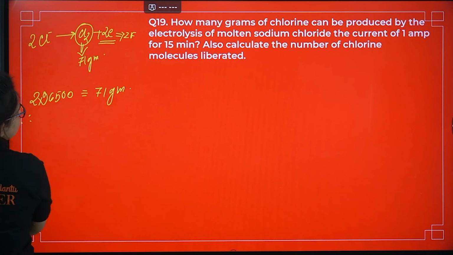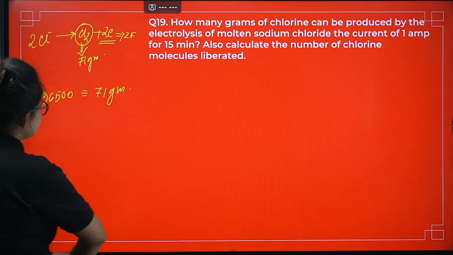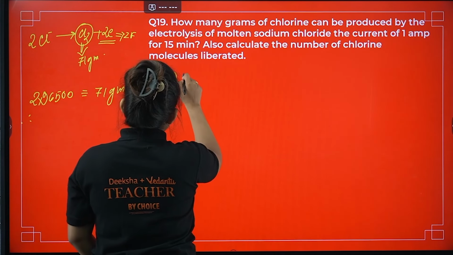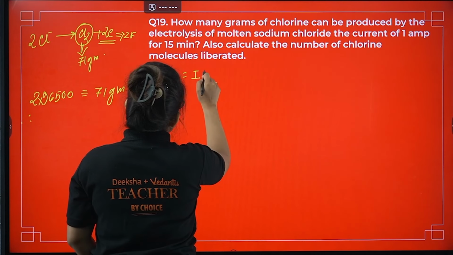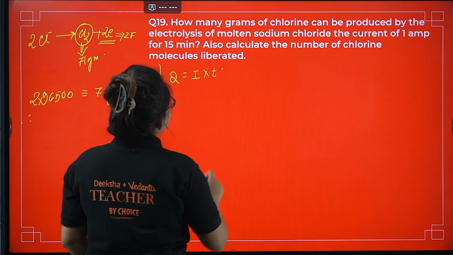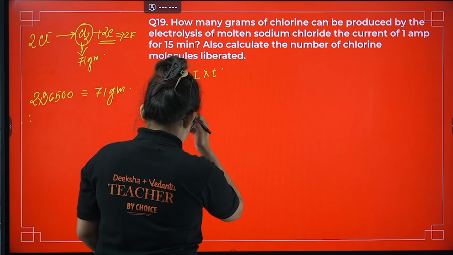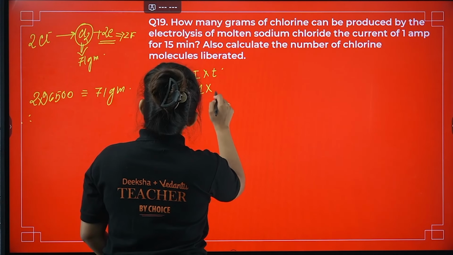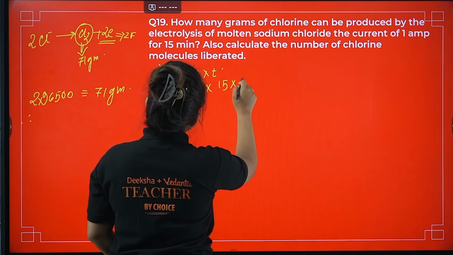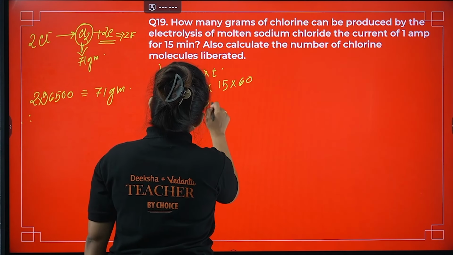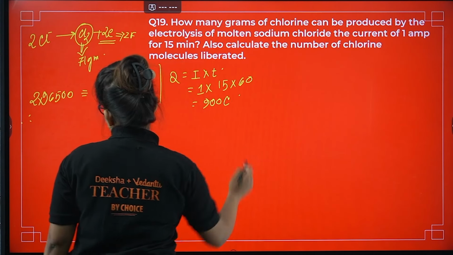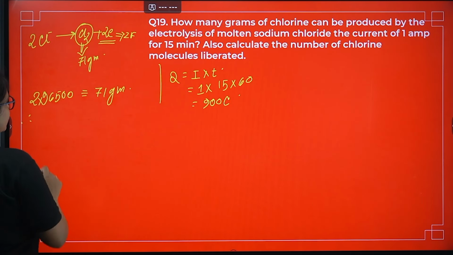Hence, I have to find out the charge as well. Let's do it first. Q is basically equal to I into T. I is given as 1 ampere into 15 minutes, so 15 into 60. I am getting 900 coulomb. Now we can do it with respect to 900 coulomb.